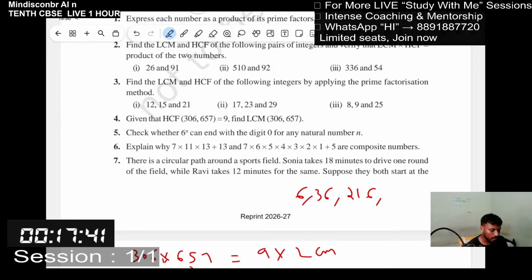But in the board exam, if you have to get marks, then you have to write in a specific way.